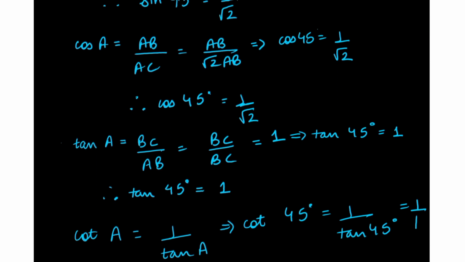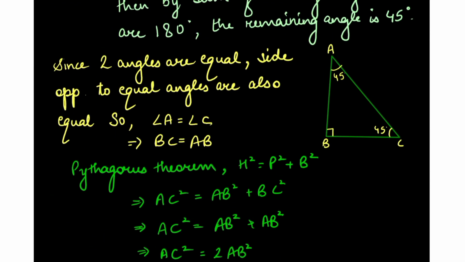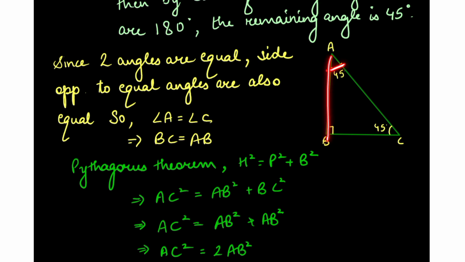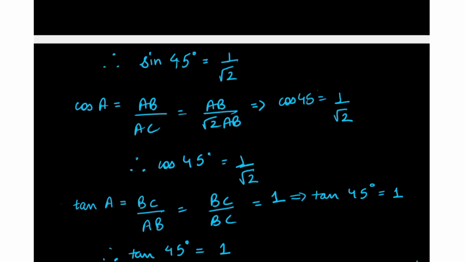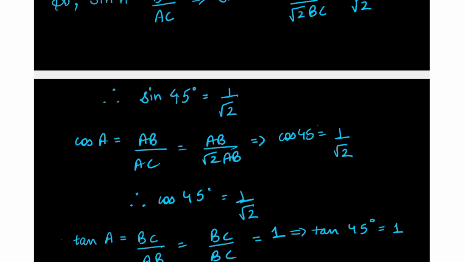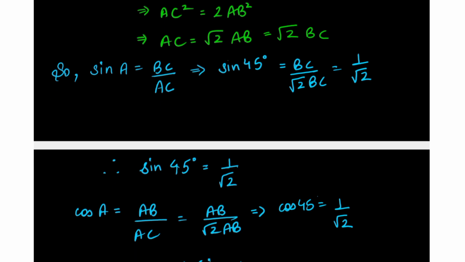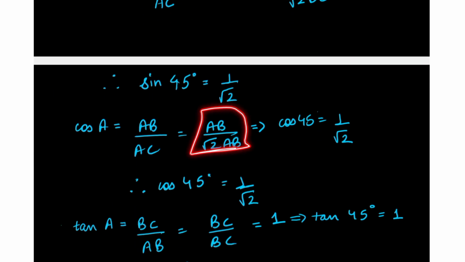Next is cos A. Cos A is basically the base upon the hypotenuse. The base is AB and the hypotenuse is AC. So AB upon AC. AC we can put as root 2 AB, which comes out to be AB upon root 2 AB.